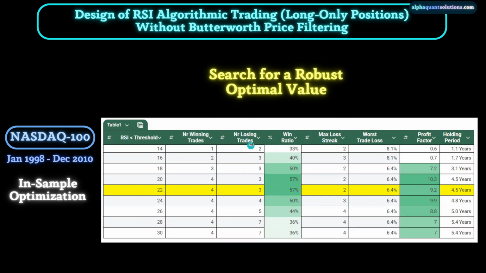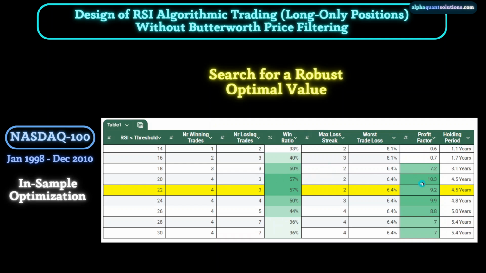So the number of winning trades, number of losing trades, the win ratio, the max loss streak, which is the amount of consecutive losing trades, the worst trade loss in percentage, the profit factor, and the holding period of the combined trade. So how long are we in the market?